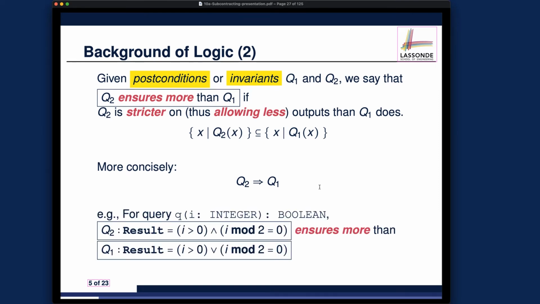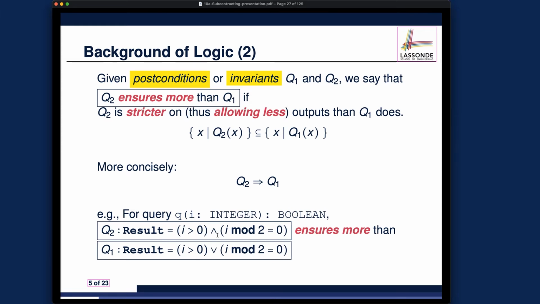All right, let's see one example. Let's say we have a query Q, which takes an integer value and returns an output value of type Boolean. Now let's consider two postconditions. One is: result equals, if and only if, I is larger than 0 and I modulo 2 equals 0.